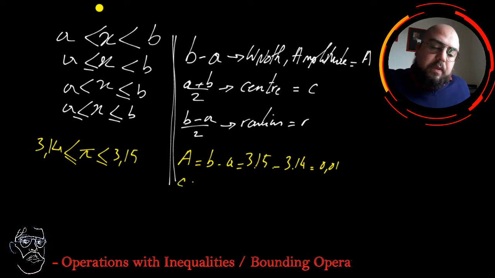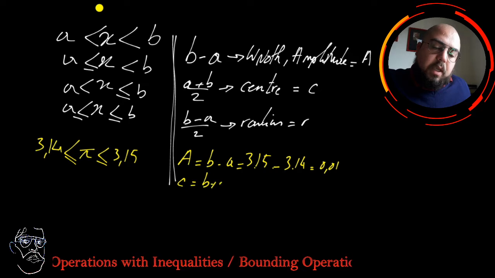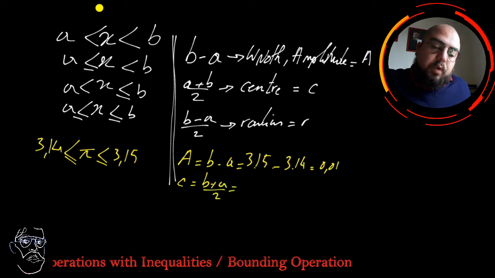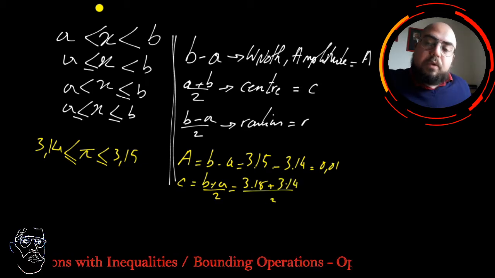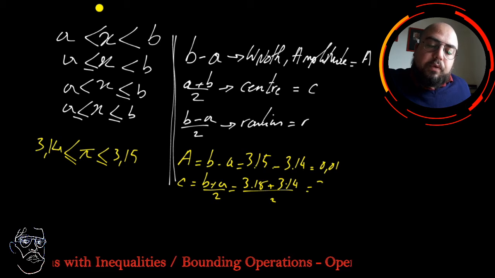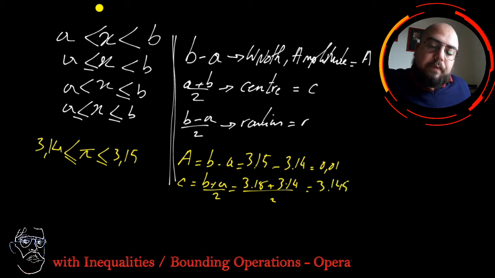As for the center, it is (b plus a) over 2, so it will be (3.15 plus 3.14) over 2, so you will obtain 3.145.